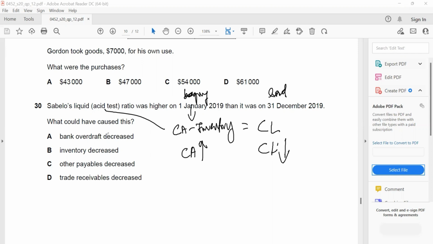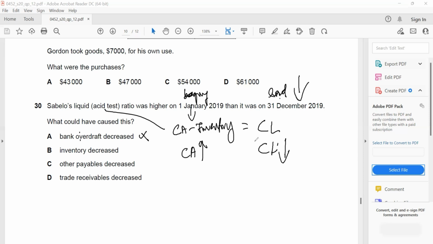Bank overdraft decrease. When this one is lower, the end of the year should be better. So this cannot be the answer, because the ratio was higher at the beginning, which means the end of the year is lower.